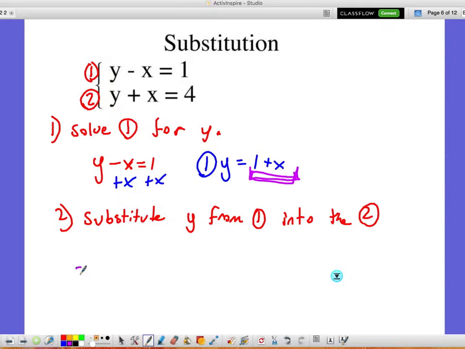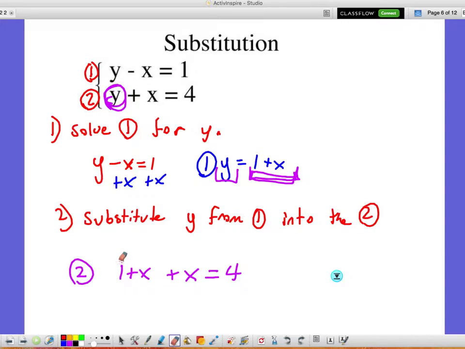So let me write down the second equation. Now, instead of writing y, I found out that y is equal to 1 plus x. So I'm going to write (1 plus x) plus x equals 4. The reason I put 1 plus x in parentheses is because this used to be y, but now I replaced it with 1 plus x. So we don't really need the parentheses.